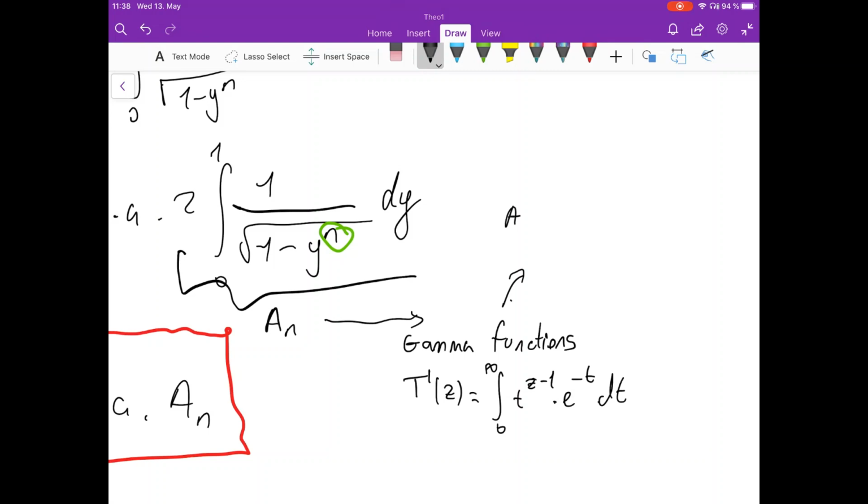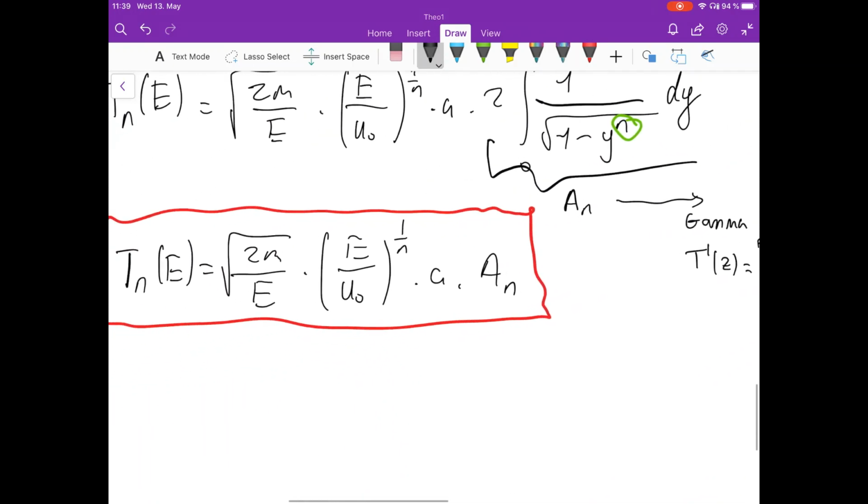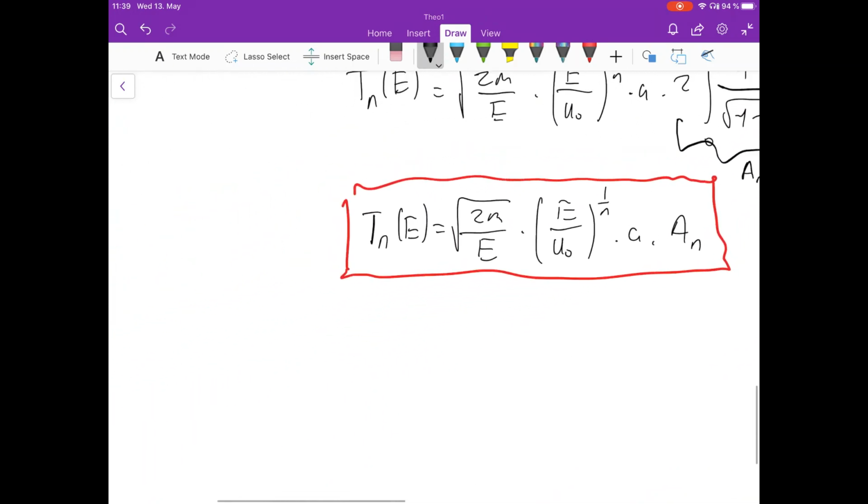So let me just write down: then a_n is going to be equal to 2 times the square root of pi times the gamma function of 1 plus 1 over n, divided by the gamma function of 1/2 plus 1 over n.